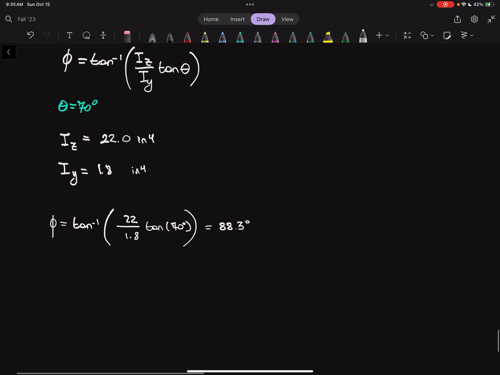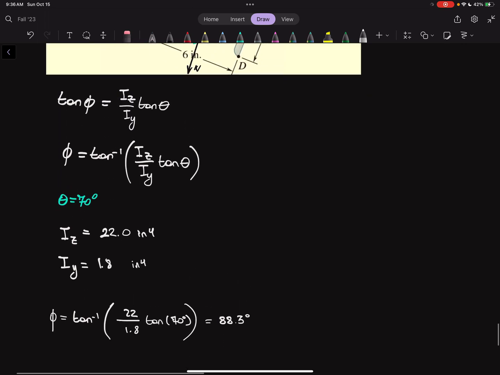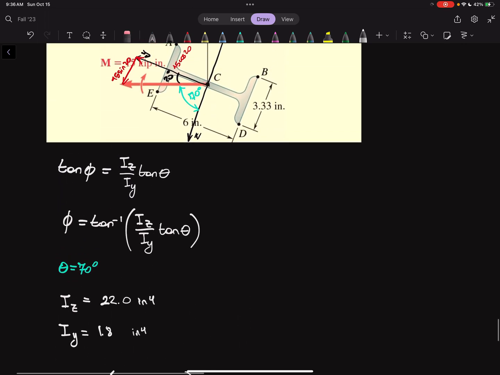Now that we have 88.3 degrees, we recognize that it's this angle right here. So this is my neutral axis.